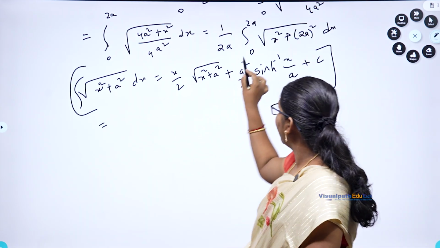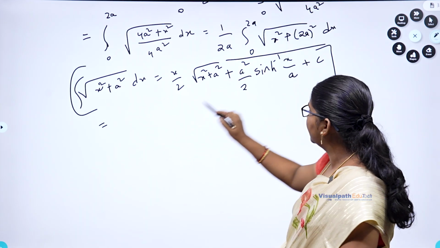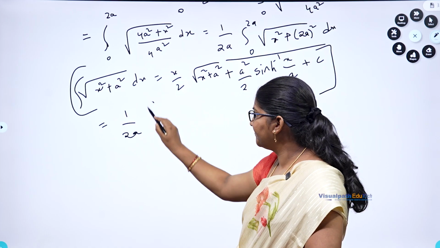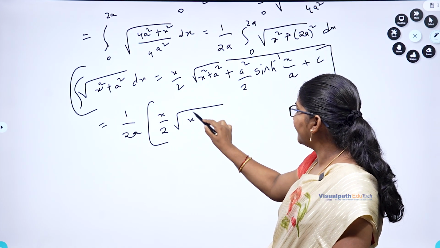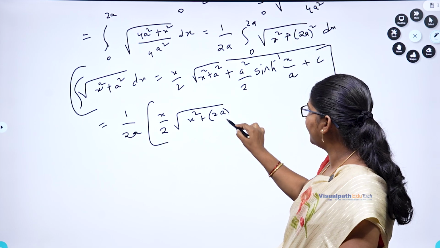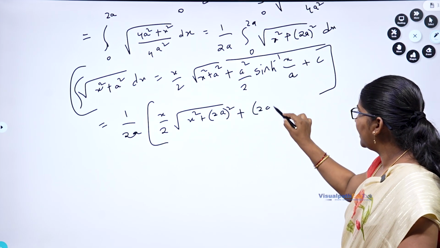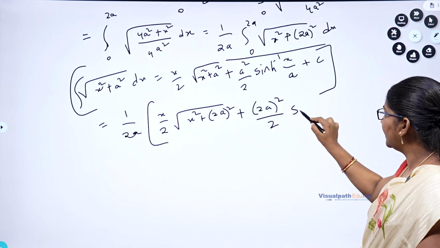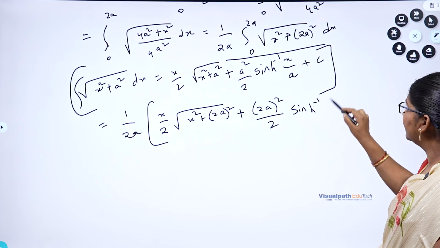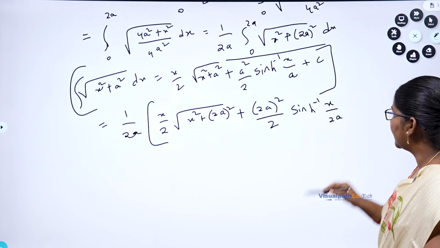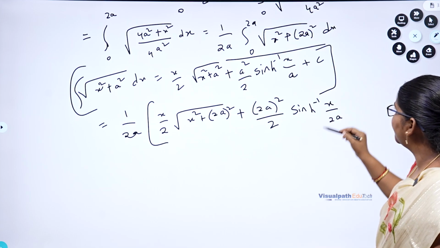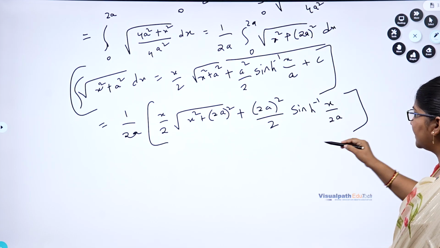Next, I am applying this: 1 by 2a times x by 2 square root of x square plus, in place of a we have 2a, plus a square by 2 sinh inverse x by 2a, plus c.